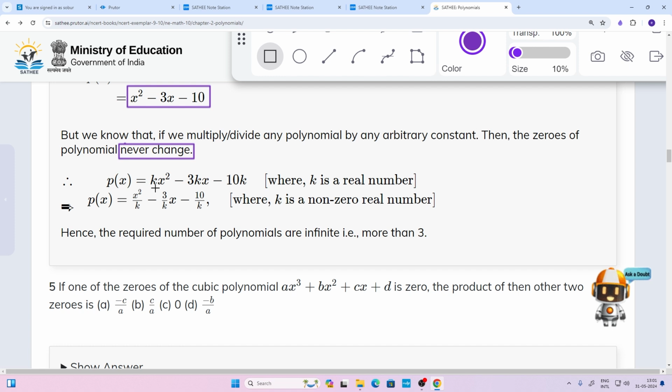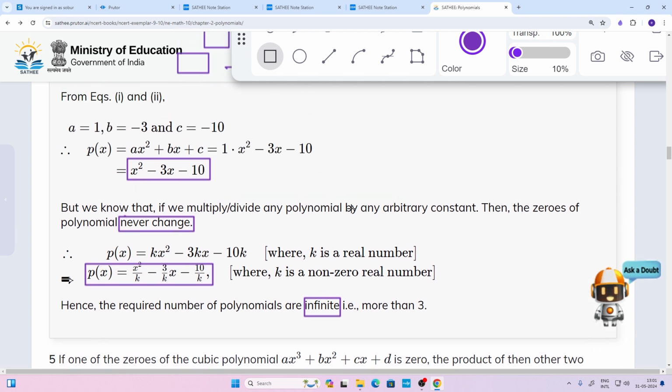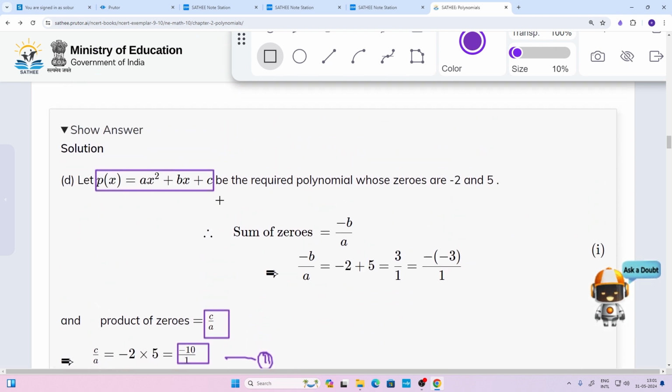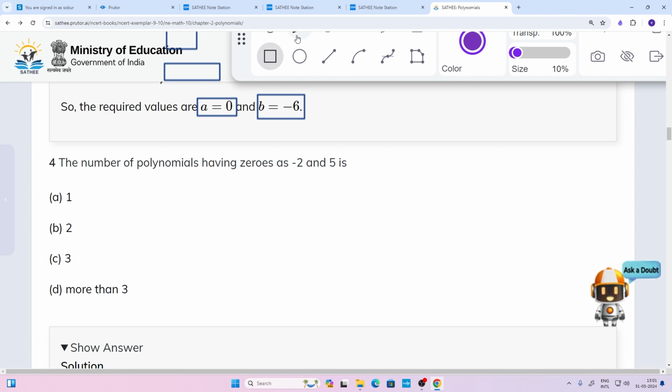Here k is arbitrary, hence the required number of polynomials is infinite, that is, more than 3. So option D is the correct answer for this question.